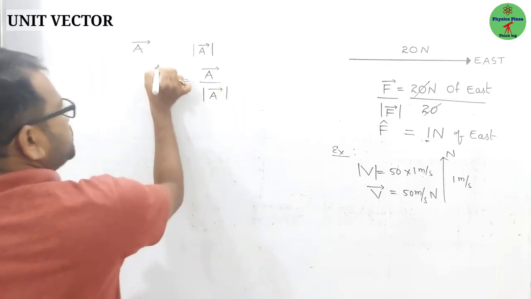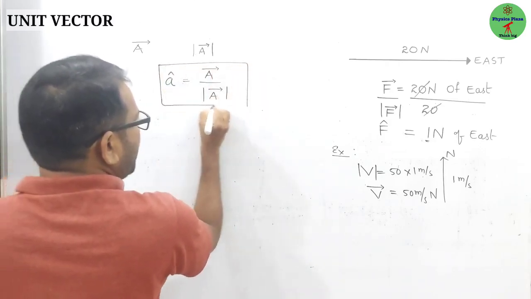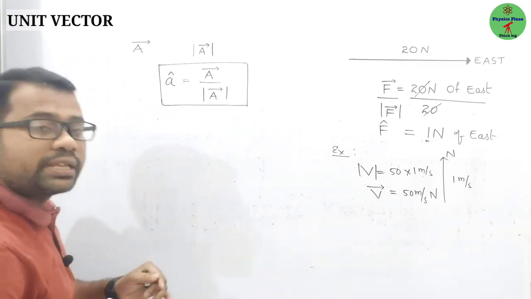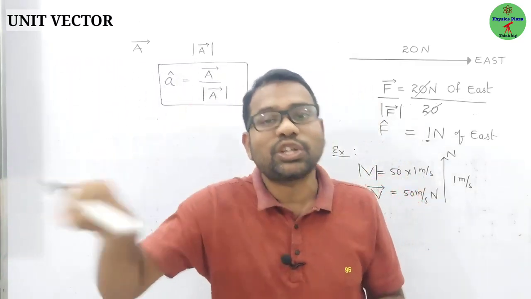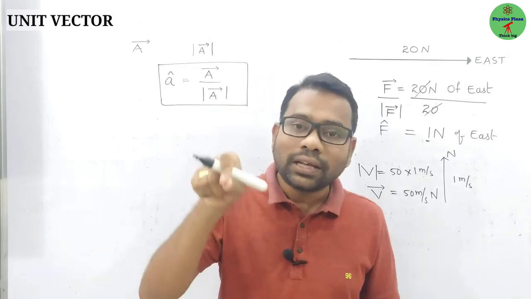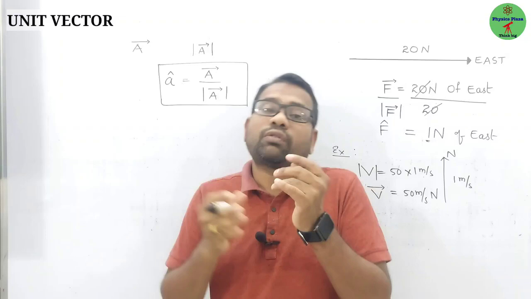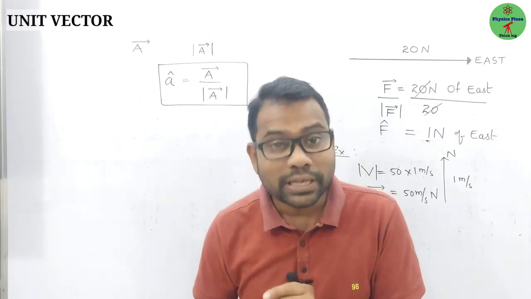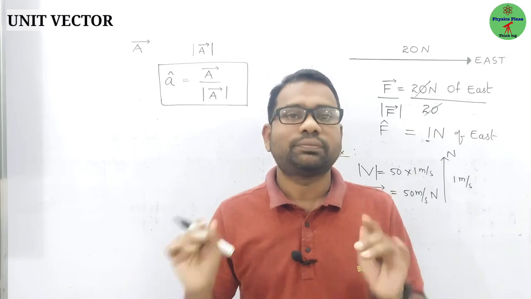Children, very important. If any vector is divided with its own magnitude, then we get a unit vector in that direction. This unit vector is a dimensionless quantity. What is its importance? Just to give you only the direction.